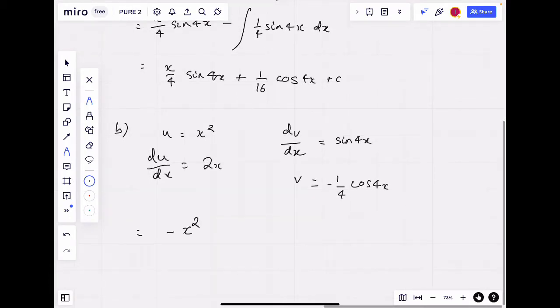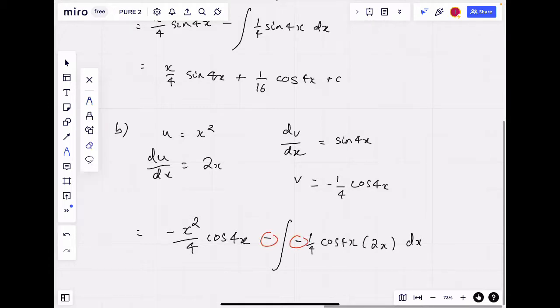Now, minus x squared over 4 cos 4x minus the integral of minus 1 over 4 cos 4x times 2x dx. Do you see how there's a negative here and a negative here? We can therefore just make this positive.